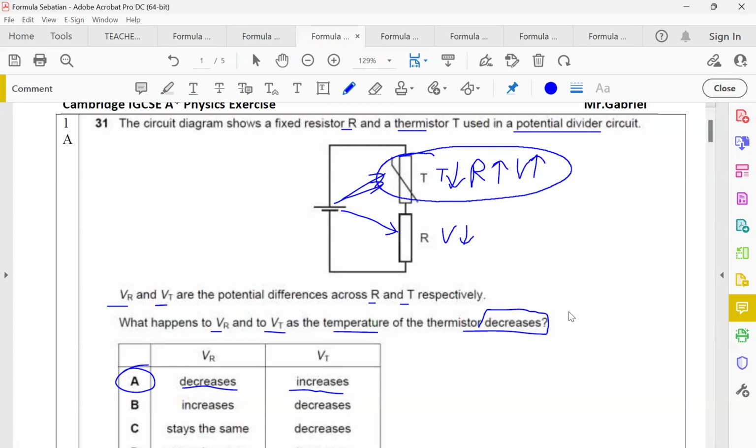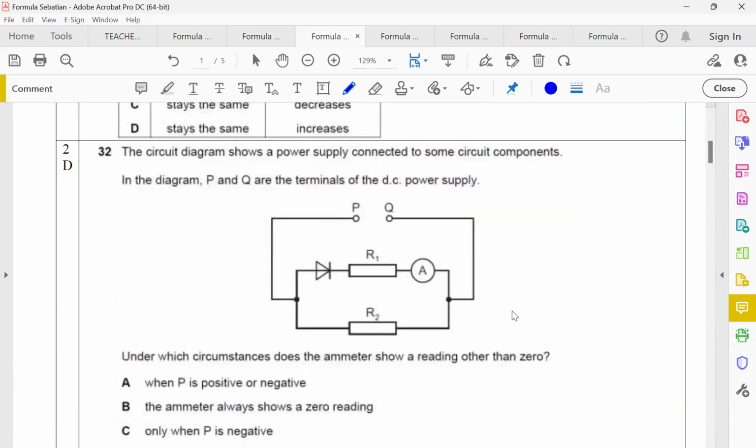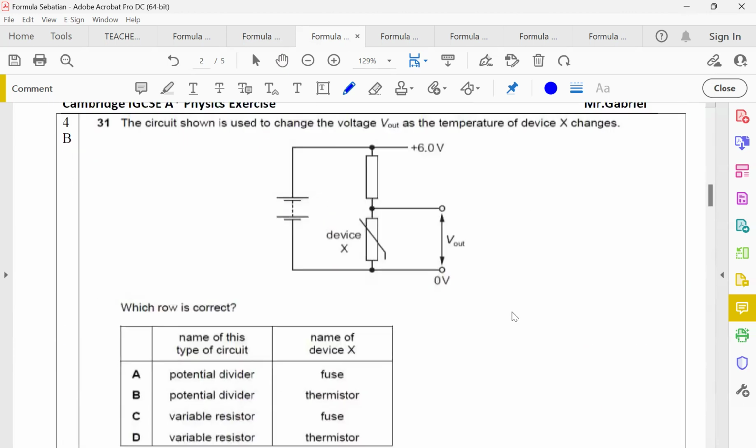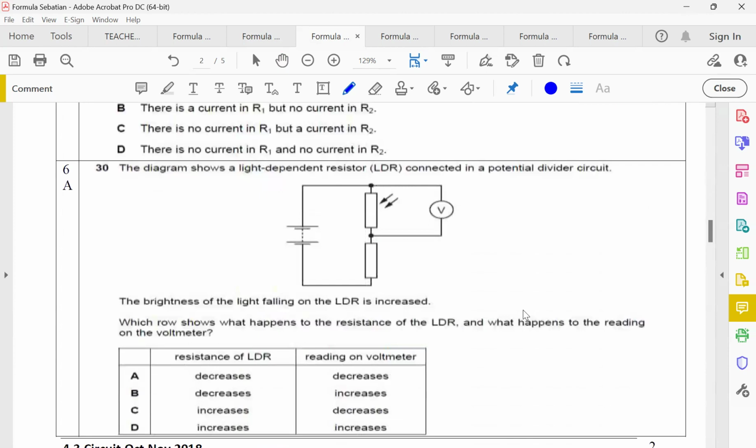Okay, the part of 7. What was the next question again? He said 1, 6, and 7, right? Number 6, what's this? Oh, something similar again.